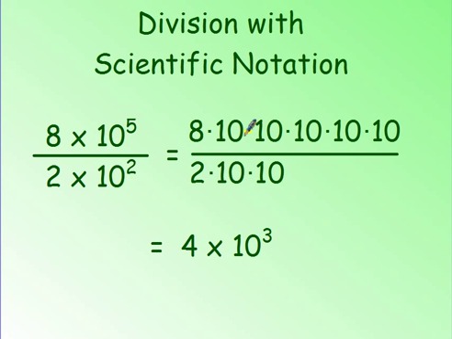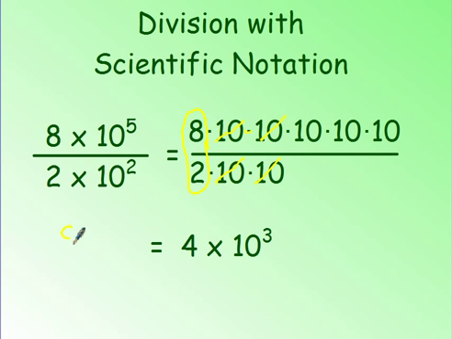Remember what happens when we have a 10 over 10. These numbers are going to reduce to 1 and basically be out of our way. I'm only left with 3 tens on top, which is going to give me 10 to the third power. The last thing I need to do is take this 8 over 2, and instead of just simplifying a fraction, we're going to do the division.